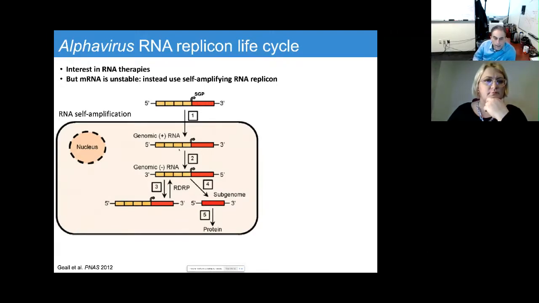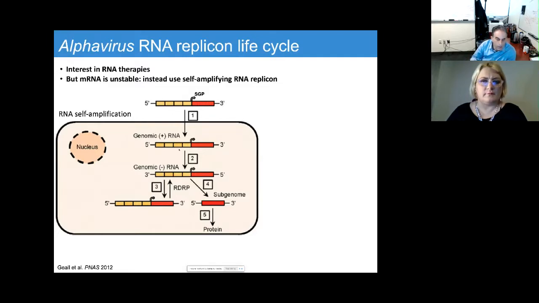And the synthetic RNA, because it has some alpha virus proteins, is able to go from the positive strand RNA to the negative strand RNA, and then the negative strand RNA is used as a template for making more positive strand RNA. So it's self-amplifying. So one molecule can make lots and lots of the same RNA.